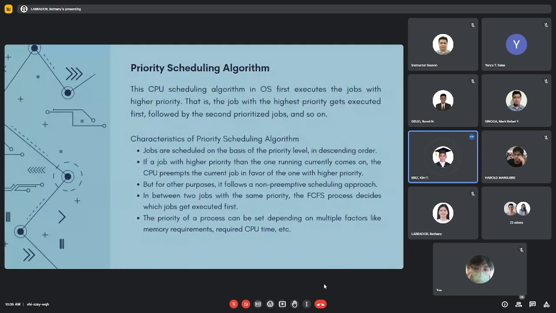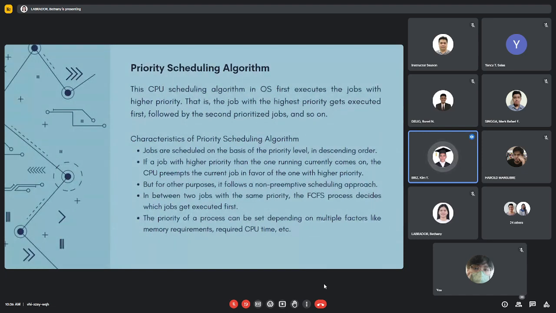Now, the priority scheduling algorithm has its characteristics. First, the jobs are scheduled on the basis of the priority level in descending order. Next, if a job with higher priority than the one running currently comes in, the CPU preempts, meaning it stops or pauses the current job in favor of the one with higher priority. But for other purposes, it follows a non-preemptive scheduling approach.